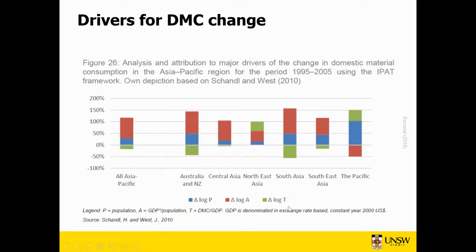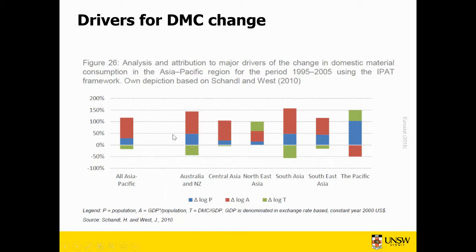And here, what they use is a T as an indicator of decoupling. The T here is how much your economic growth is linked to a demand of materials. It's like one of those intensities, but now in terms of domestic consumption.